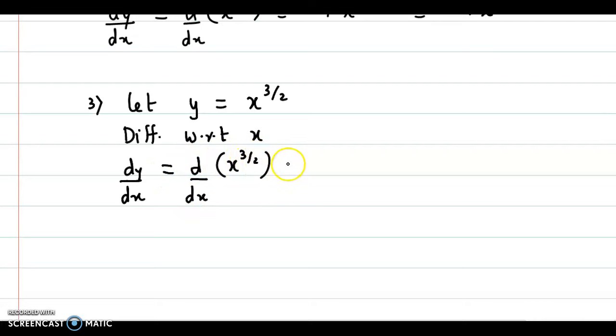Again using the same formula, we get 3 by 2 into x raised to 3 by 2 minus 1, and that is equal to 3 by 2 into x raised to, now 2 ones are 2, so 3 minus 2, that's 1 by 2.